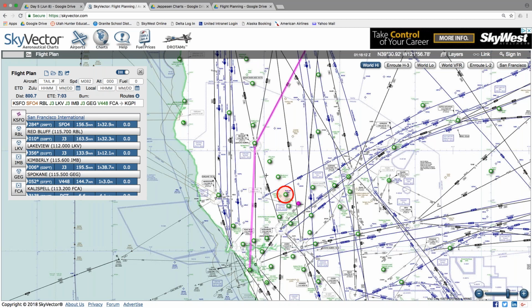Now the new inspector for SkyWest, who is also over this area, is doing this class as well. He's the inspector for this class. He's come in and approved Skyvector again. He's a really laid back guy, so if you do meet him, he's real cool. He dispatched at Delta for numerous years.